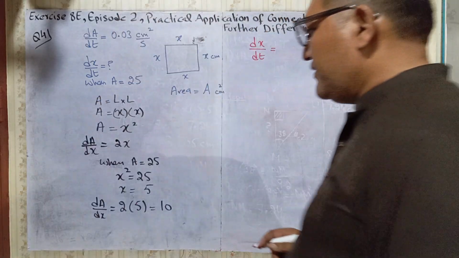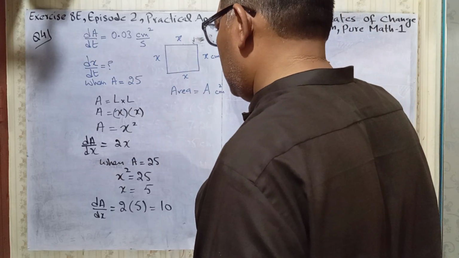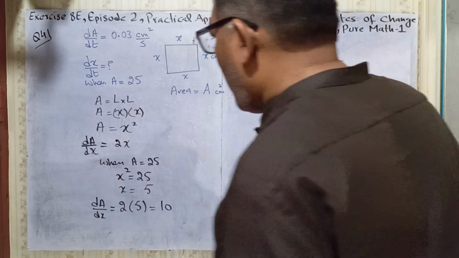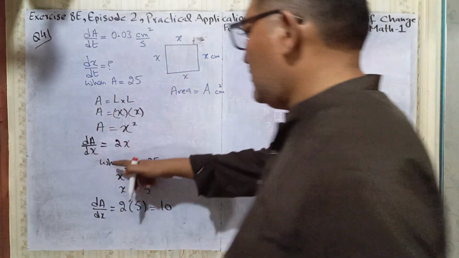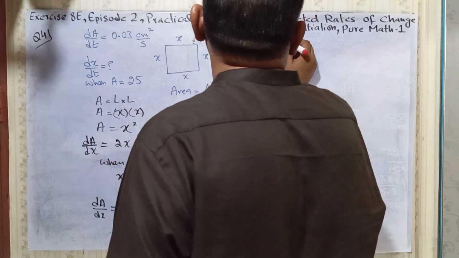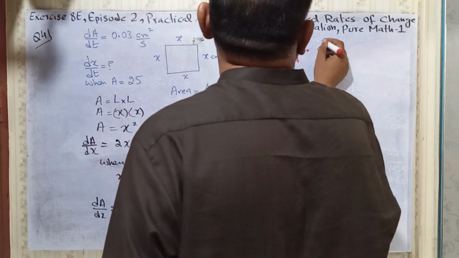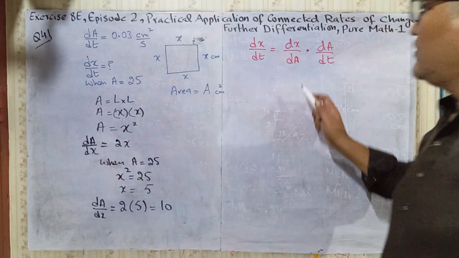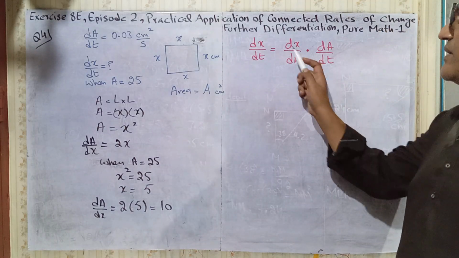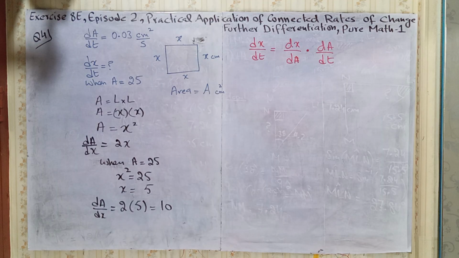So that will be equal to dx by dA into dA by dt. Basically dA will be cancelled and it will become dx by dt. So I have applied the chain rule. Now we will put in the values.